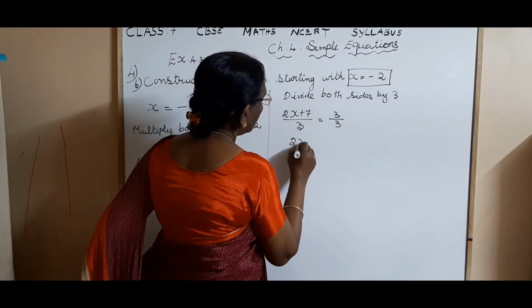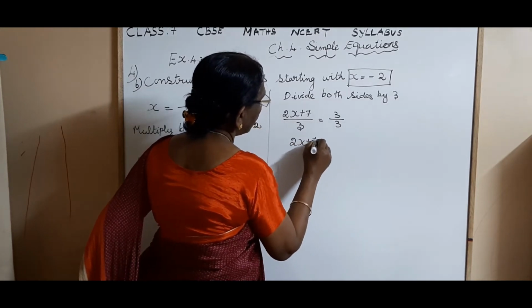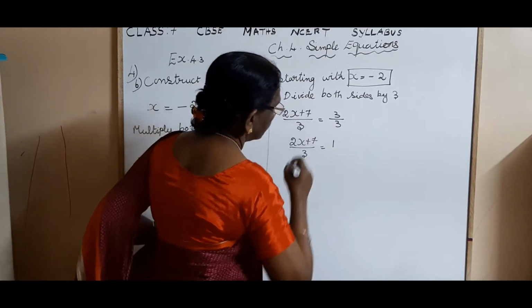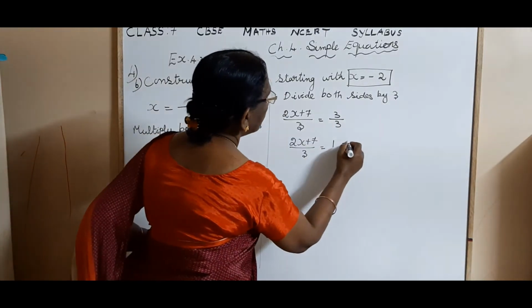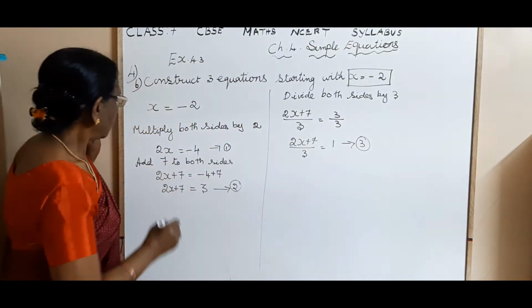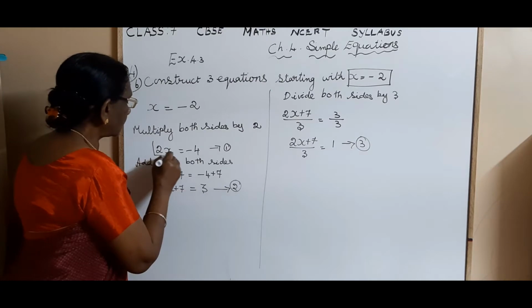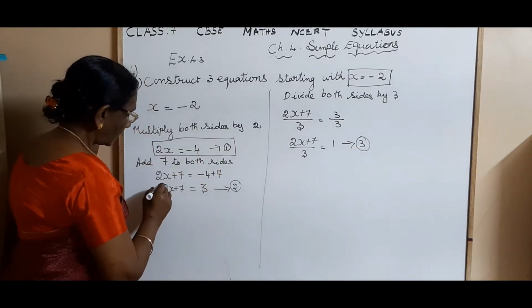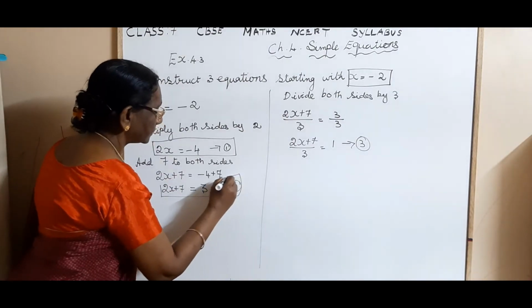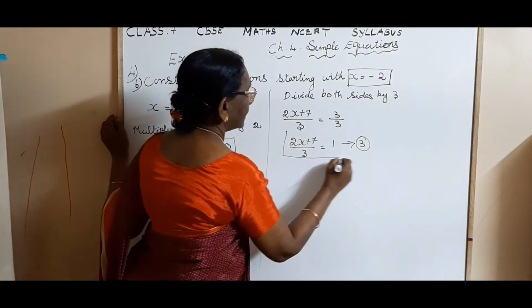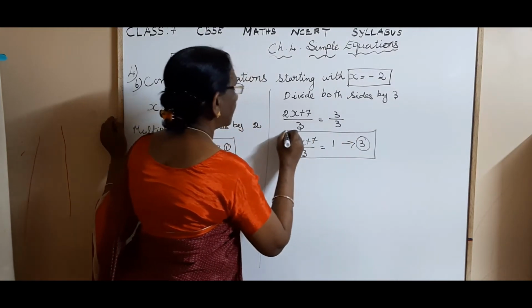That is, (2x plus 7) by 3 is equal to 1. Now we have constructed the third equation. So this is the first one, this is the second one, and this is the third one.